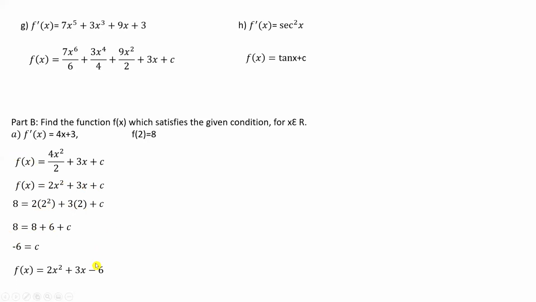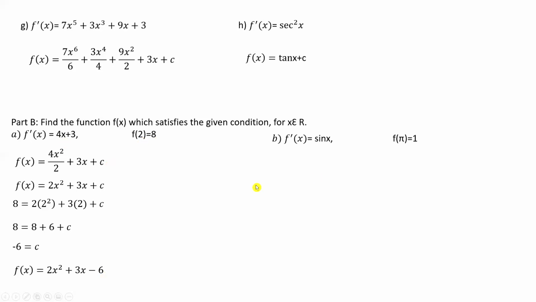And we'll just put negative 6 in for c. So what we've done is we've found the antiderivative of this function. And when we do that, we find all the curves that have this as its derivative. But we want the specific one that passes through 2, 8. And the specific one that does that has a negative 6 in for c.